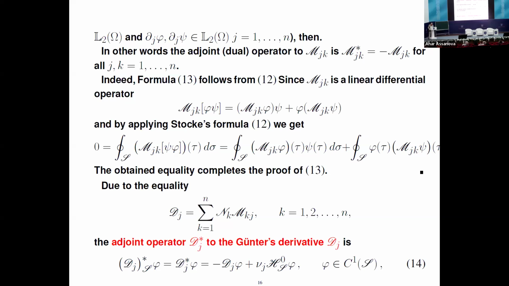After this, this formula gives you an interesting formula. What is the dual operator to Günther's derivative? The dual, or adjoint, operator to Günther's derivative is minus Günther's derivative plus nu g, its component of nu with the same index, multiplied by something which is h0 and which is the mean curvature of the surface.